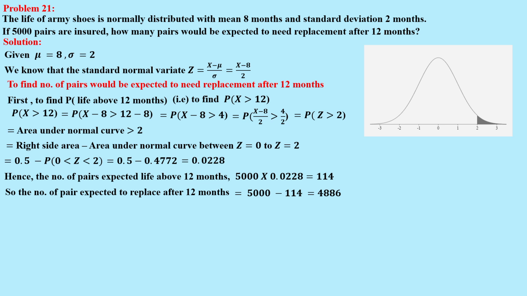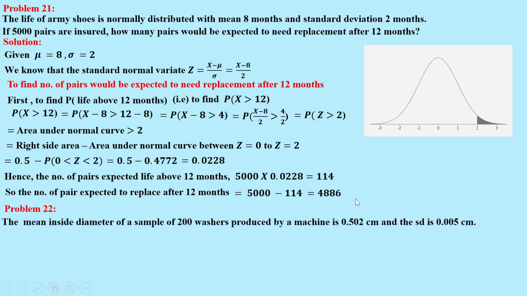After 12 months, once the 12 months finish, you have to replace this number of shoes. So life above 12 months means 114 shoes, and the remaining shoes are all to be replaced. So 5000 minus 114, that is 4886.